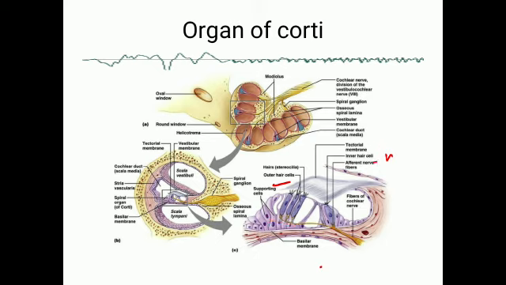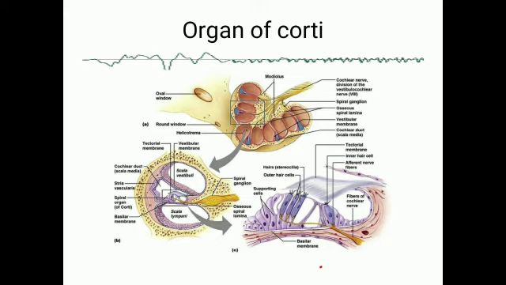So the hair cells are arranged in two groups. They are separated by the tunnel of Corti, which is a triangular space bounded by the rods of Corti. The inner hair cells are called inner because they are closer to the modiolus here.